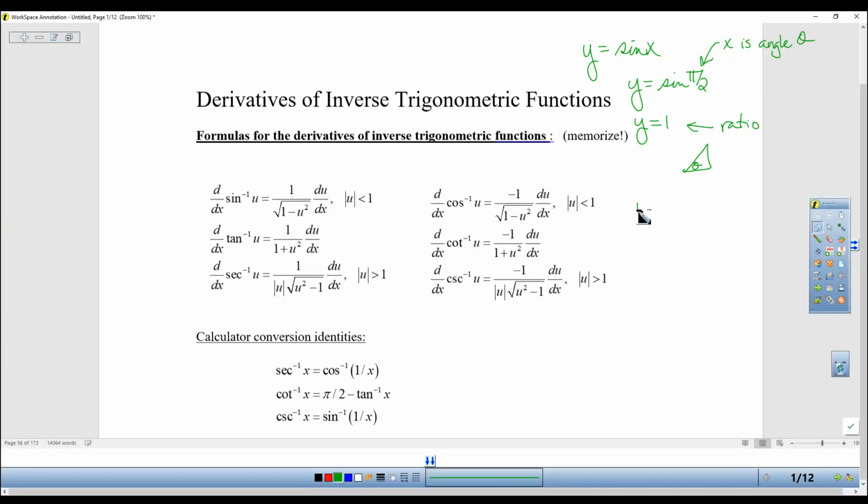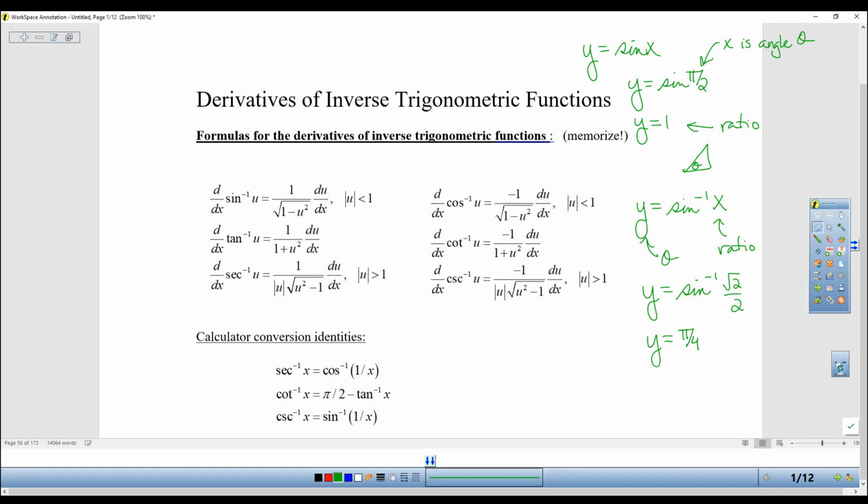Inverse trig, if somebody says y is equal to inverse sine of x, that means now I'm going to give you the ratio and you're going to give me the angle. So if I say y is equal to inverse sine square root of 2 over 2, remember inverses switch x's and y's. Now I'm giving you square root of 2 over 2, and you say, oh, that happens when you're at pi fourths. Okay?